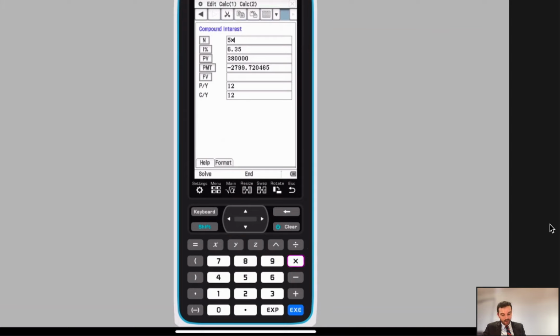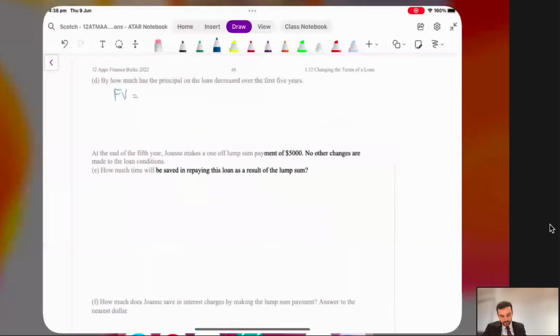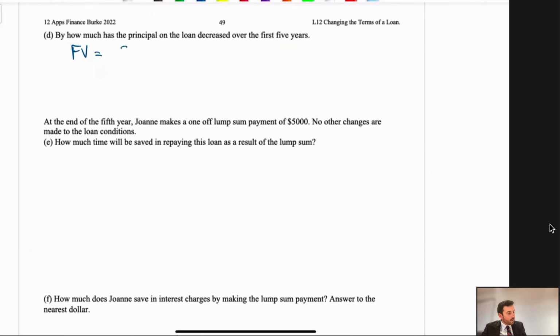Now this is after 5 years, so 5 times 12, click at FV, and now it's negative 324,461.38.